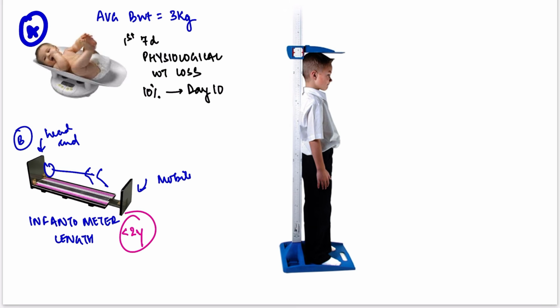Why are we still making the child lie down and measure the length? Because till 2 years of age, there is physiological bowing of legs. That can give me a false height, right? So because of the physiological bowing of legs, I use the infantometer to measure the length till 2 years of age. After 2 years, finally we can take a height.